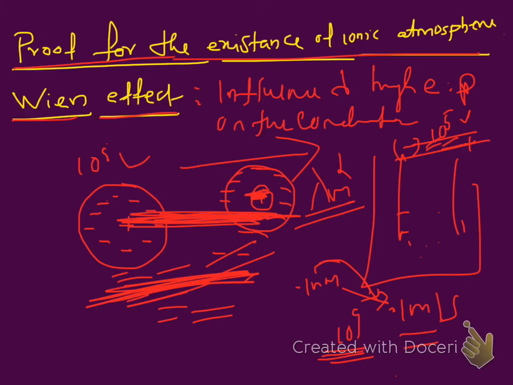So it is one of the proofs for the existence of ionic atmosphere in normal concentration. So at normal concentration and under normal potential, there will be ionic atmosphere. So under those conditions of lower potential, conductance varies with dilution. But at higher potential, conductance is not dependent on the dilution process.